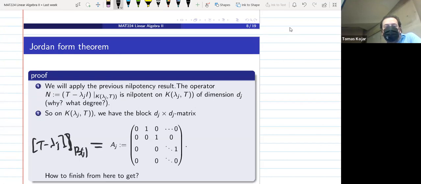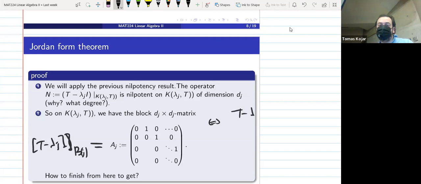How do you get the result that you can put eigenvalues on the diagonal? Did I do this? I remember. How do you do the matrix representation at the end of the day?